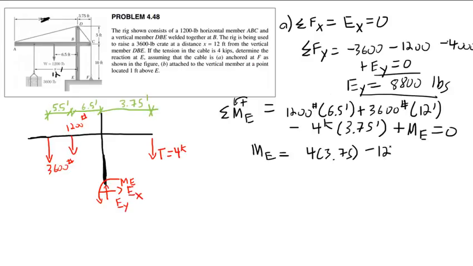Let me just go ahead and do this in terms of kips, times 6.5 feet minus 3.6 kips times 12 feet. And this will come to 4 times 3.75 minus 12 times 6.5 minus 3.6 times 12. And I get negative 106.2 kip feet as the reaction moment at E.